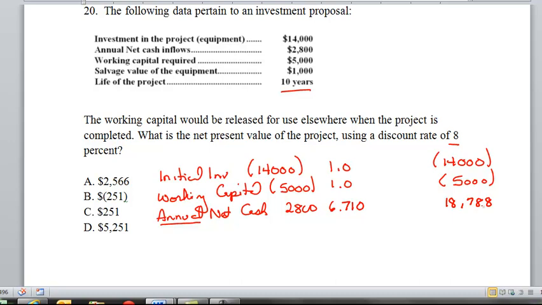Then we want to look at our salvage value, which at the end of 10 years, we get the lump sum of our salvage value, which is $1,000. So it's only one time we're getting this, at the end of 10 years. So that means it's going to be the present value table of $1, or the lump sum table, 8%, 10 years.